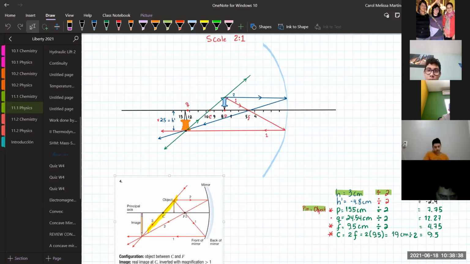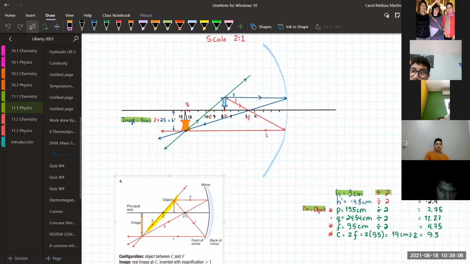So we multiply what we got by 2 to have the real image height, and we obtain 5 centimeters. This is the image. To compare if we have it right, remember the image is upside down, so it's going to be negative.